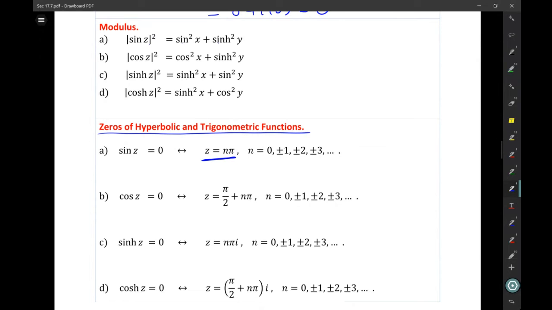When n is equal to 0, that means z is equal to 0. When n is equal to 1, it becomes pi, 2 pi, 3 pi, or minus pi, minus 2 pi, and so on.